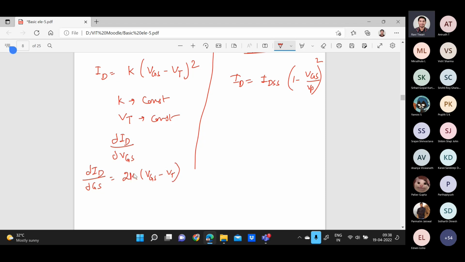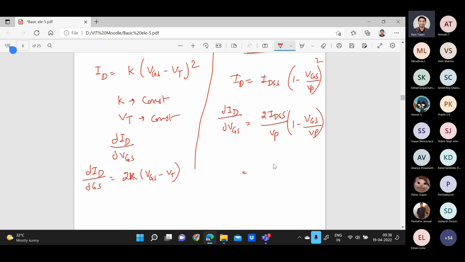If you differentiate with respect to VGS, for example this one, del ID by del VGS equals 2 IDSS divided by VP, times (1 minus VGS by VP).